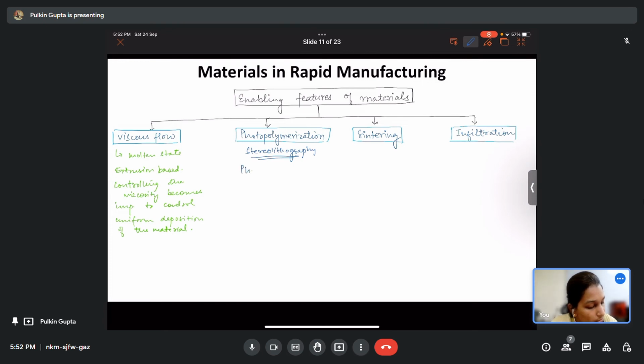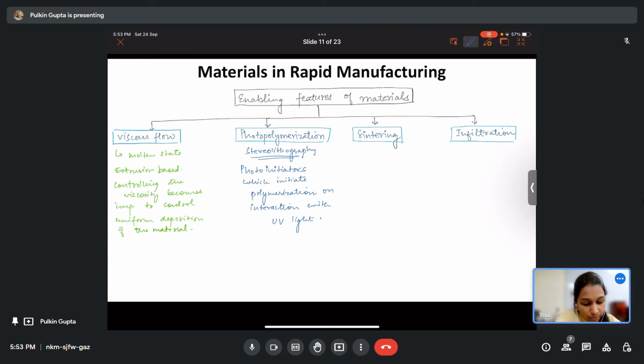So we have photoinitiators which initiate polymerization on interaction with UV light to develop a solid part.